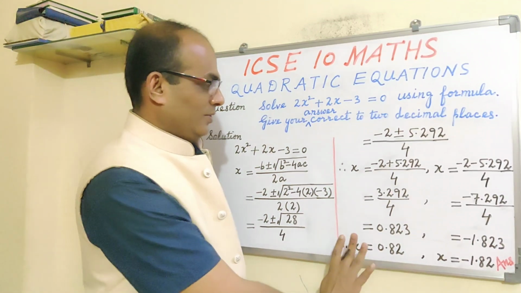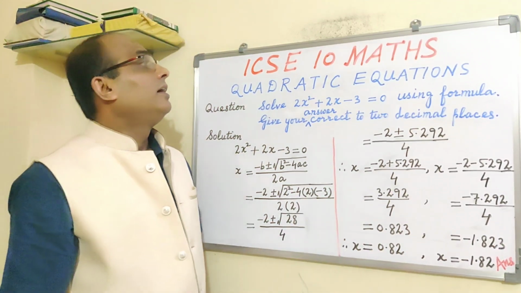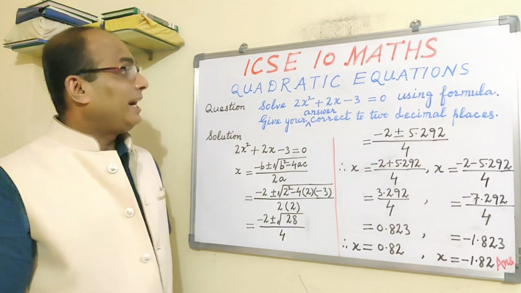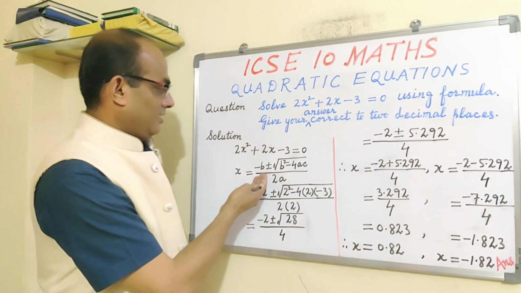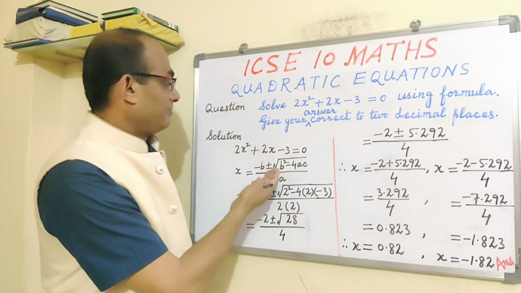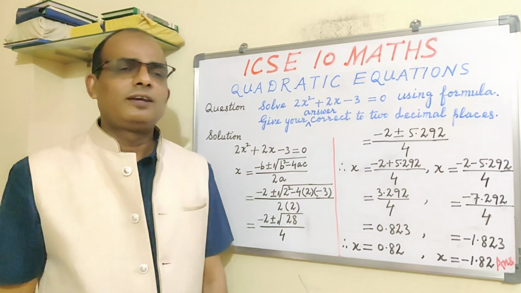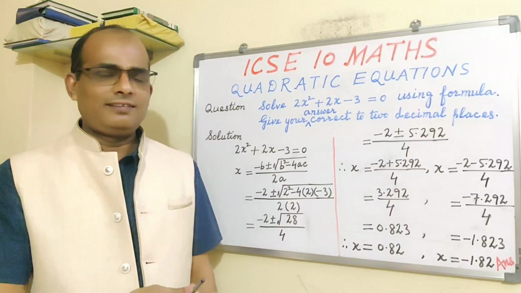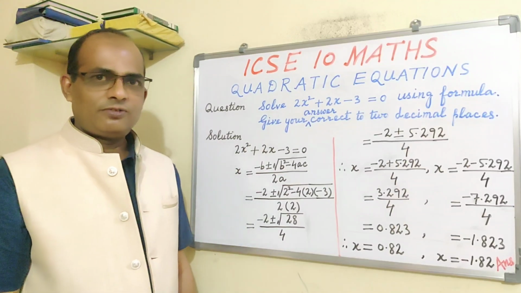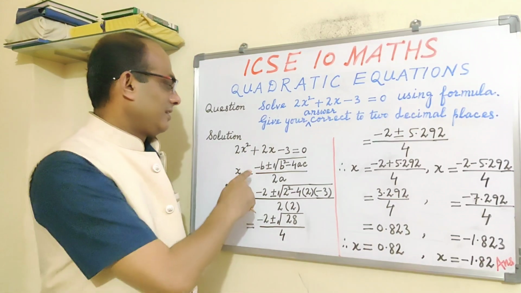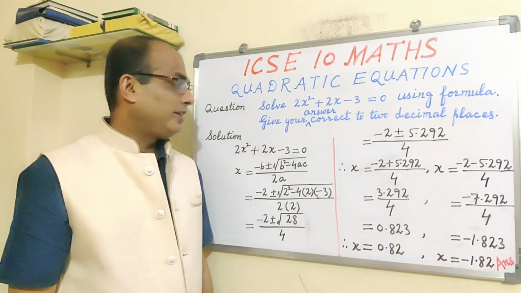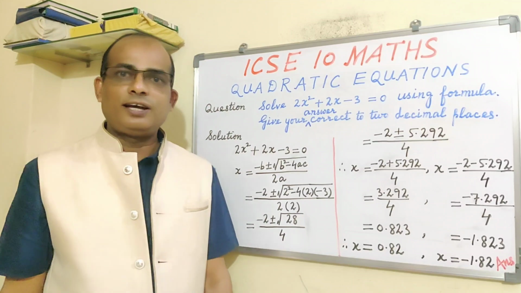Alright, so this is how we solve a quadratic equation using formula. This formula we call Sridhar Acharya's formula also, which in the ICSE board we don't call it Sridhar Acharya's formula, but in some other boards you will see that x is equal to minus b plus minus root b square minus 4ac upon 2a, we call it Sridhar Acharya's formula also.